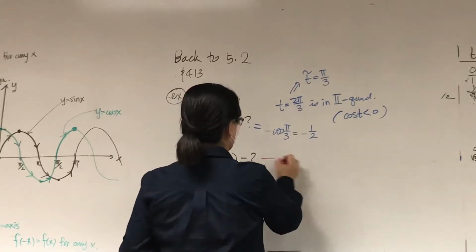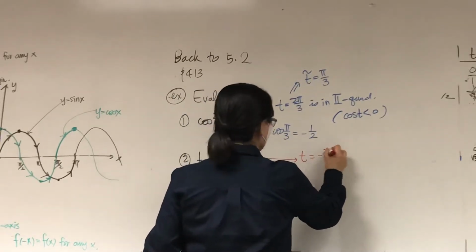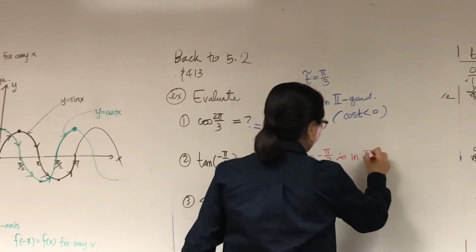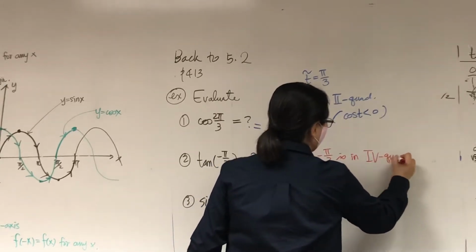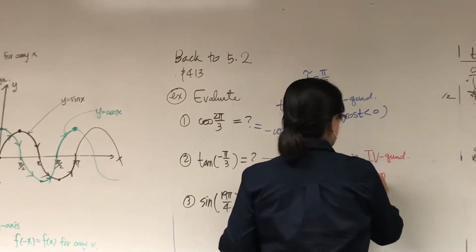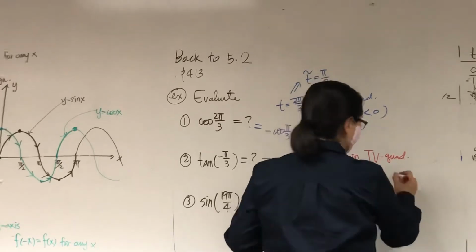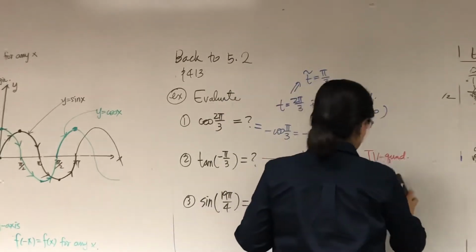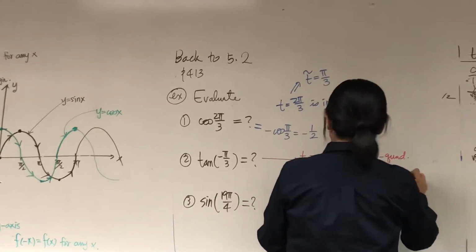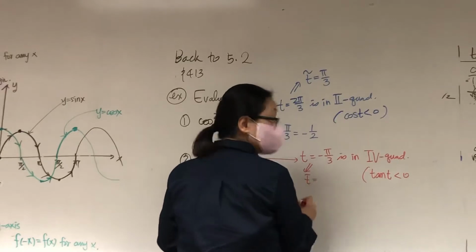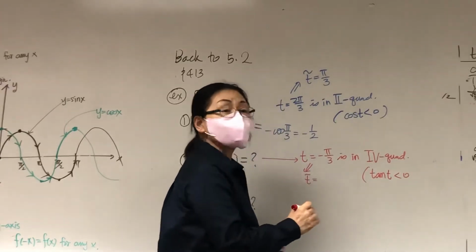In this case, your t is negative pi over 3. Which quadrant? Four, the fourth quadrant. In the fourth quadrant, your tangent is negative, right? So your answer will be negative. Do you need a reference number?